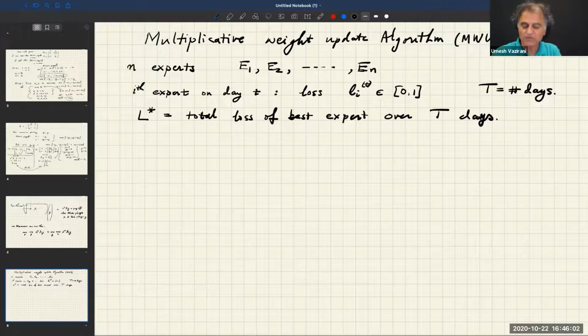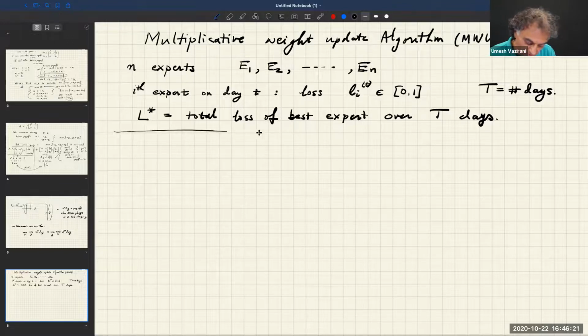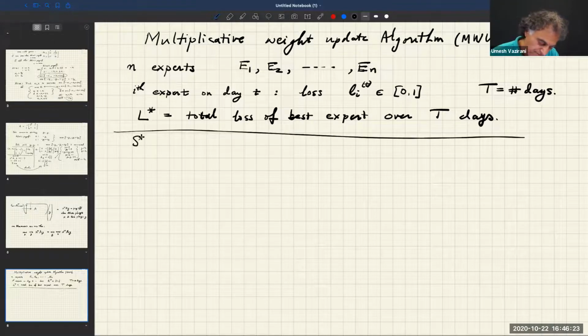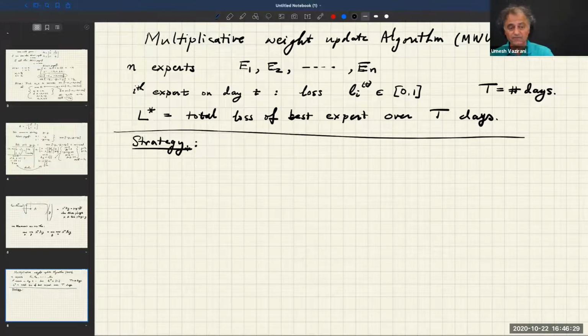So we want a strategy that'll give us a total loss which is ideally less than or equal to L star, but not much larger than L star. Okay, so here's the strategy that we follow. It's a very simple strategy.